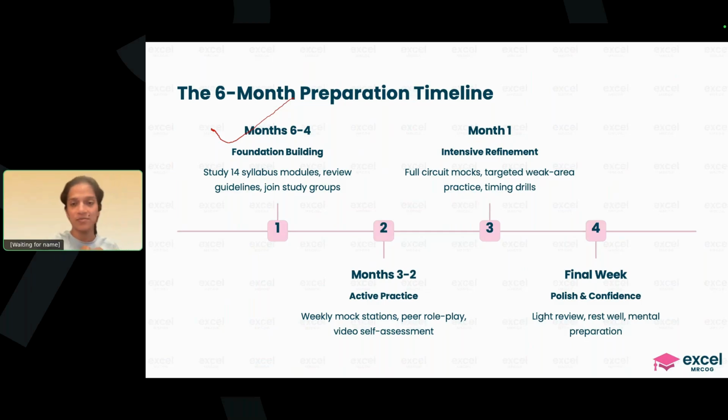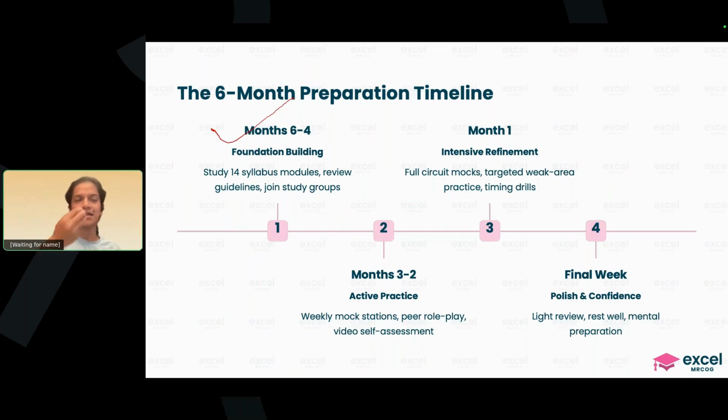You will not have time. So that is why it is important that you plan your mock exam at least a month prior. That is why RCOG has their mock exam a month prior to the actual exam, because then you have a month to work on the feedback that is given to you.